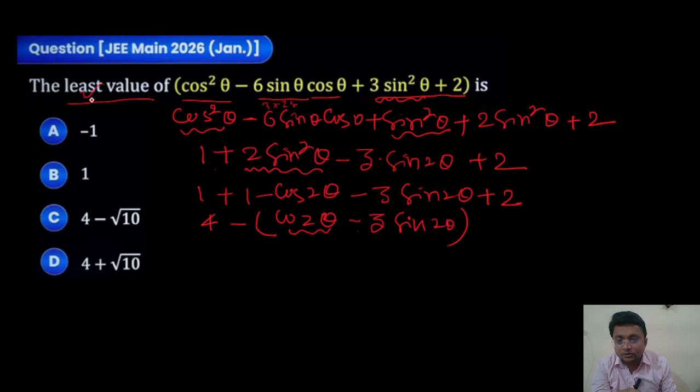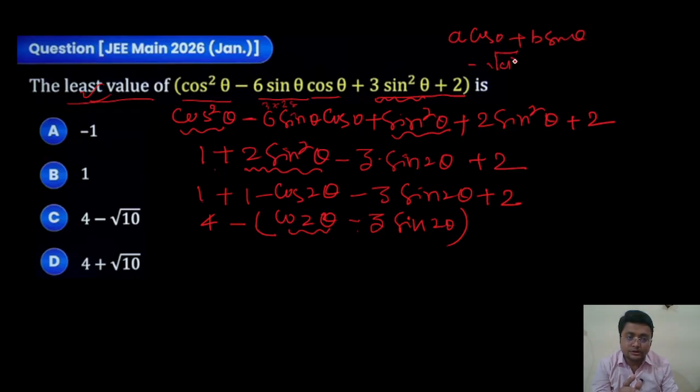And we have to find the least value. As you know students, if it is a cos theta plus b sine theta, how do you find the range? We find it like this: root under a square plus b square. But here we have to find the least value.